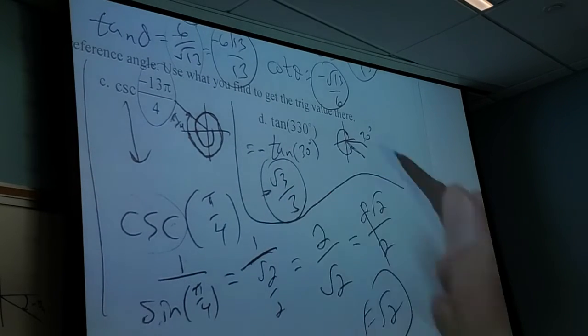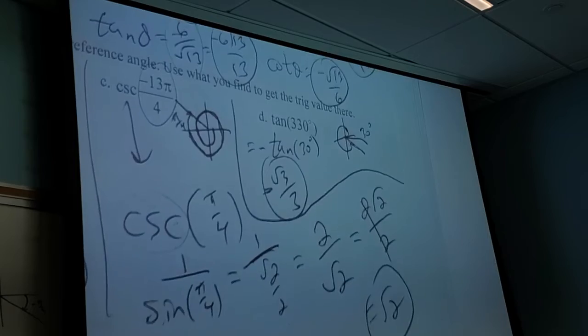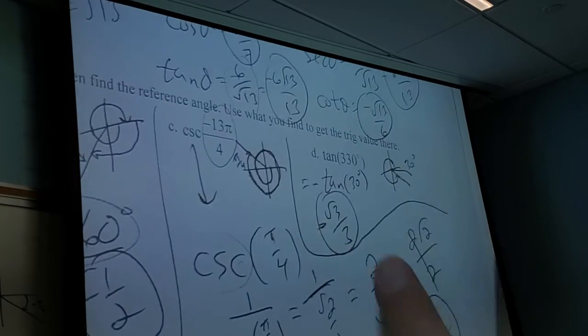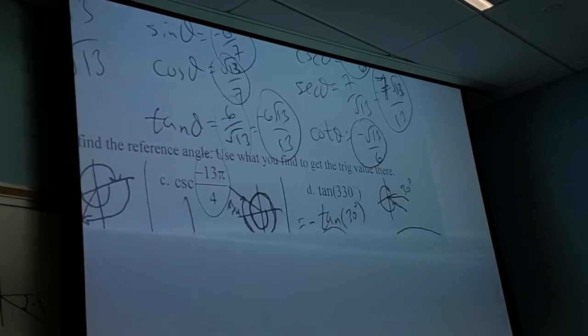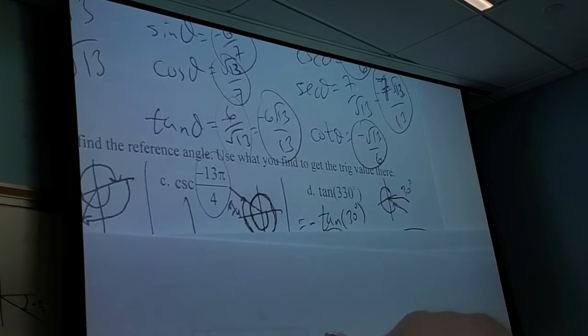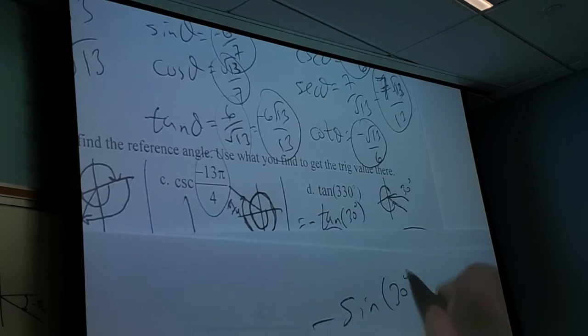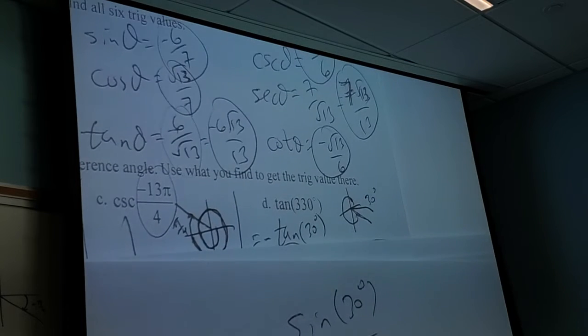Now if you didn't follow what I just did, let me give you an alternate way to do that. So we know that this is negative tangent of 30. That is negative sine 30 over cosine 30. You can always do this for tangent.